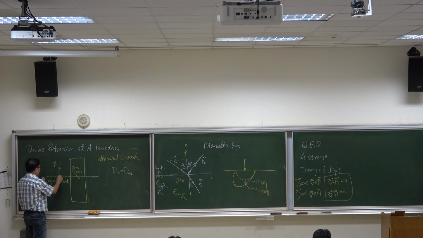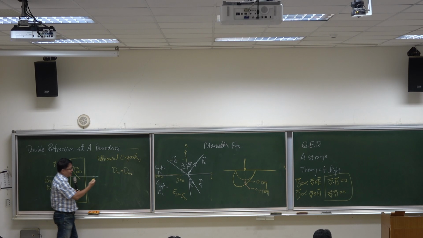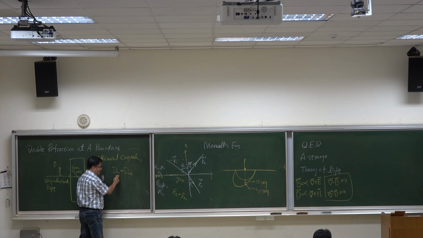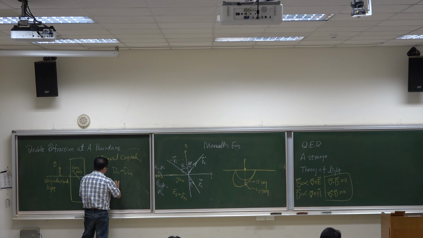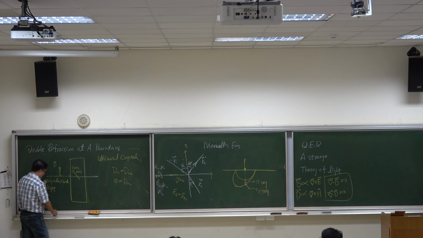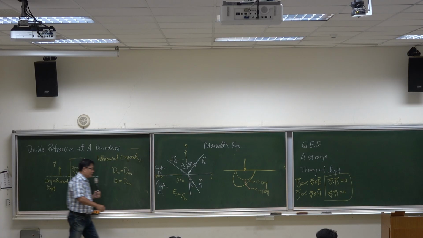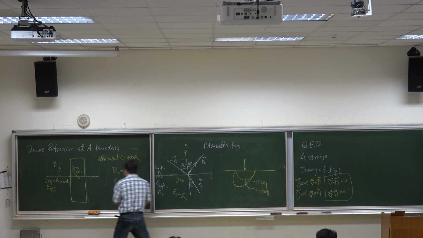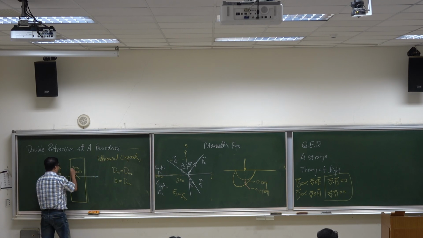So for this beam, since the D vector is parallel to the interface, there is no normal component of the D vector, which means Dn1 is equal to 0. So Dn2 is also equal to 0. So this means that after penetration through this crystal, the D vector will keep pointing upward.